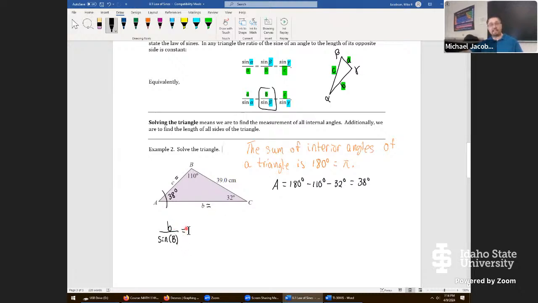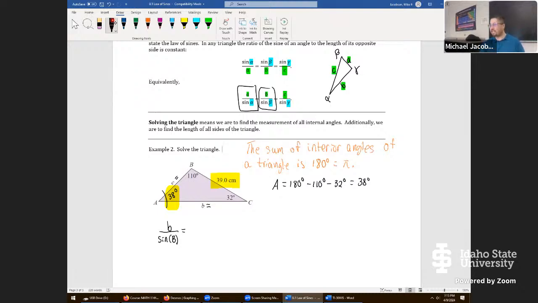So now we need to pick something else. I can't go C to lowercase c, because that's an additional unknown, and I can't have two unknown values in one equation. We couldn't solve it. However, this is really powerful. We know an angle and the length of its opposite side, so we're going to use this portion right here.